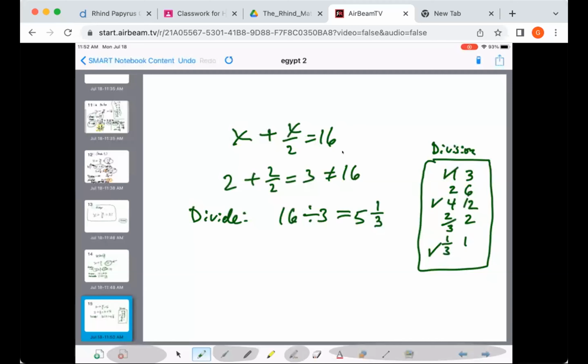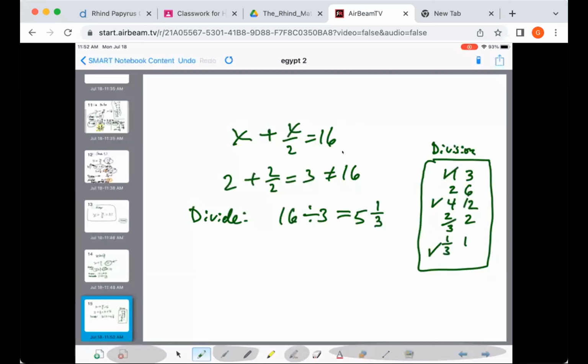But when it's 16, we have to divide to figure out the adjustment factor. When it was 15, it was obvious: I'm off by 5. But when it's 16, it's not so obvious. I'm off by 5 and a bit, and that bit we get by dividing.